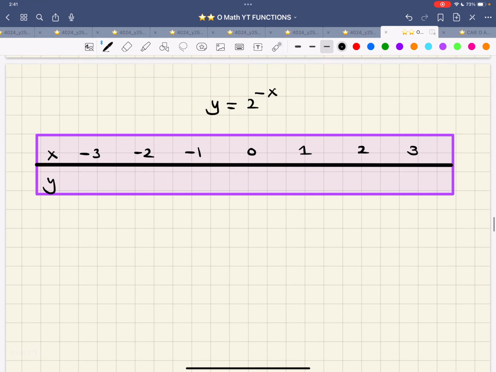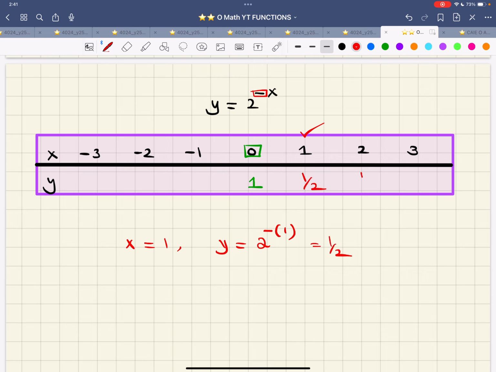Let me focus on 2 raised to the power of negative x. Again, if I plug in 0, 2 raised to the power of 0 comes out to be 1. The negative has no effect. And then with 1, because there is already a negative sign, this is 2 raised to the power of negative 1. So when x is 1, y is 2 raised to the power of negative 1, which comes out to be half.